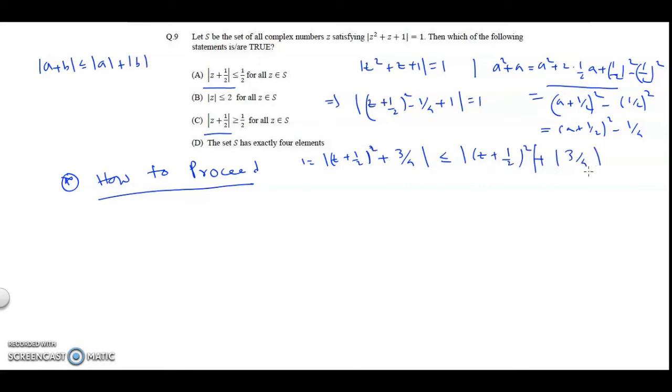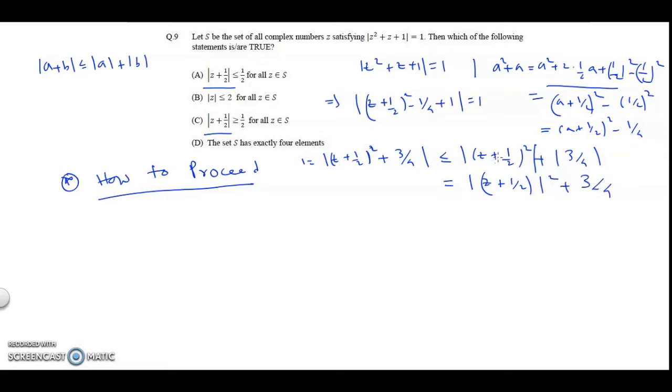Both are positive, 3 by 4 is positive and this one is also positive. But since it is a complex number and its modulus is there, we will not remove the modulus. So this implies 1 is less than or equal to modulus of z plus half whole square plus 3 by 4.